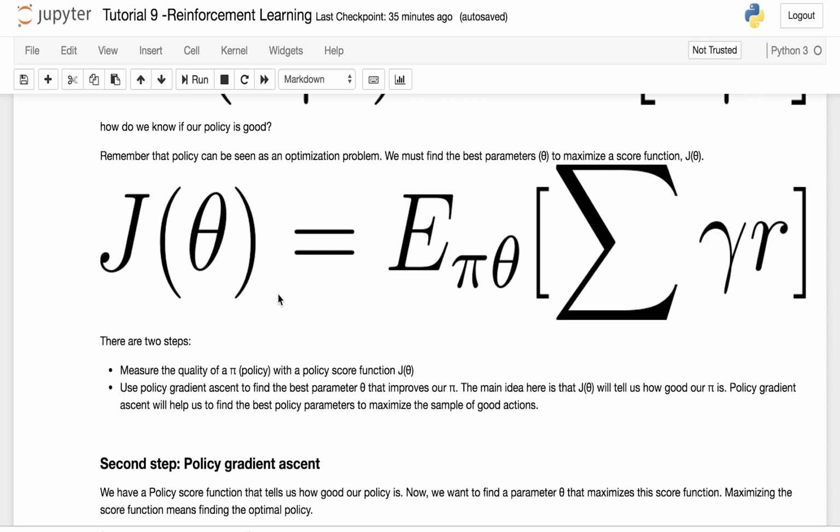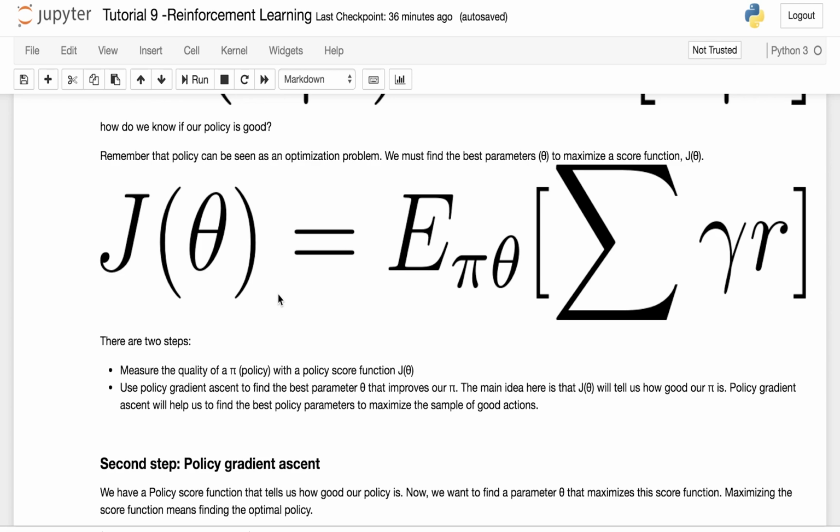So there are two steps. First, we measure the quality of the policy pi with the policy score function J. Then we use policy gradient ascent to find the best parameter theta that improves our pi. Why do we use gradient ascent?